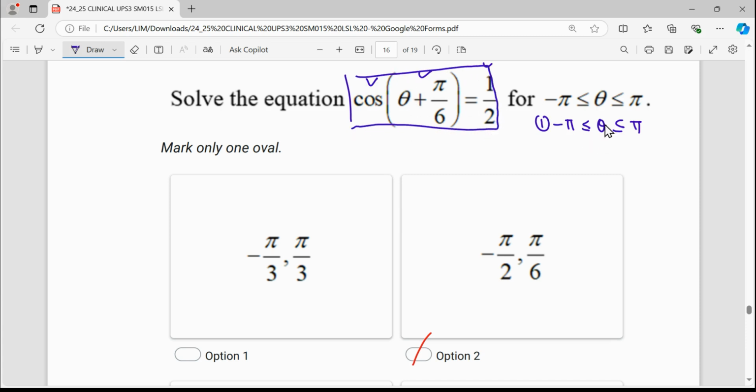So for range, we adjust to the range of the data here, plus pi over 6. So 7 over 6 pi, 5 over 6 pi, negative.